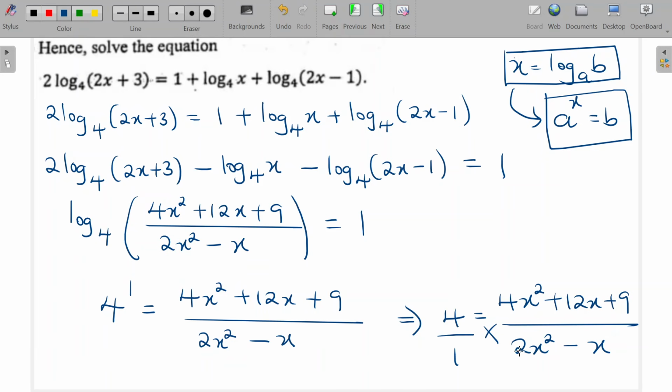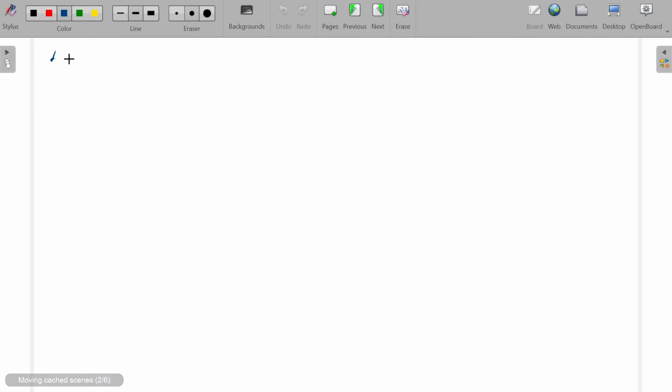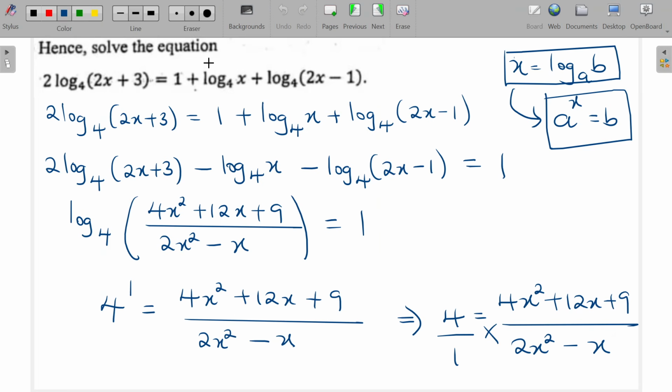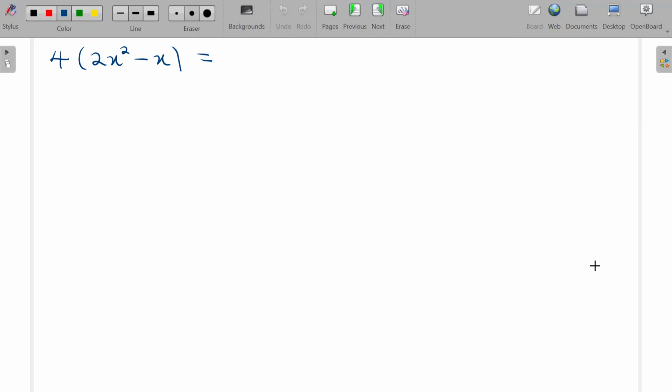The 4 multiplies with what is here, so I'm going to have 4 multiplying with the 2x squared minus x, equivalent to multiplying with what is on this side, 4x squared plus 12x plus 9.